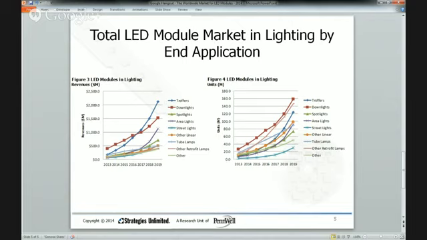And just in conclusion, I'd like to reiterate that backlighting will remain the largest sector until 2018 due to the higher penetration in the end applications and also the supply chain agreements and connections there. LED modules in lighting will continue to be done more on a custom basis right now, but it is anticipated that as more standards come into place and LED adoption continues to grow, we'll see growth in the LED module market for lighting.